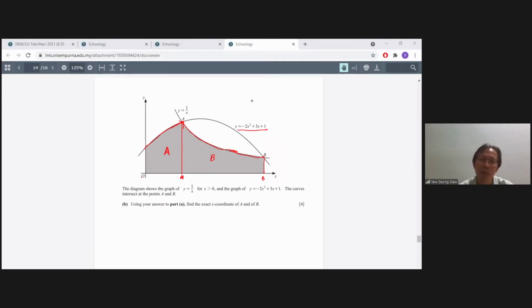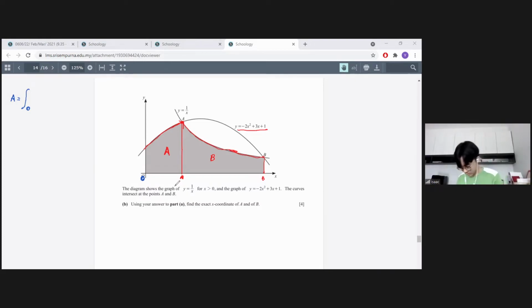So I write the equation here. Area equals to, starting from 0. Okay, let's say this one, I cannot remember just now what is the point there.